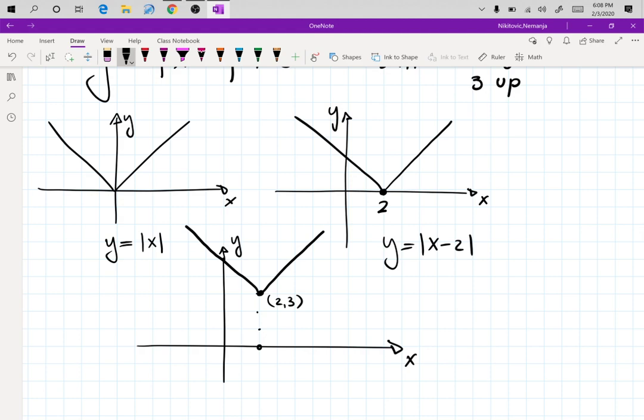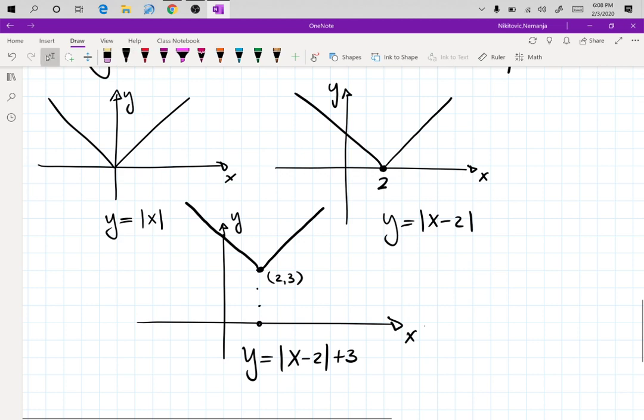Yes? So when you put them together, like how you were graphing all the other ones, you're putting them in the same graph? The answer is yes, and most people do that. When you have multiple transformations on one, I like to separate them so you can see the progression, okay? Because it becomes very busy with lines. Let me write this. This is absolute x minus 2 plus 3.